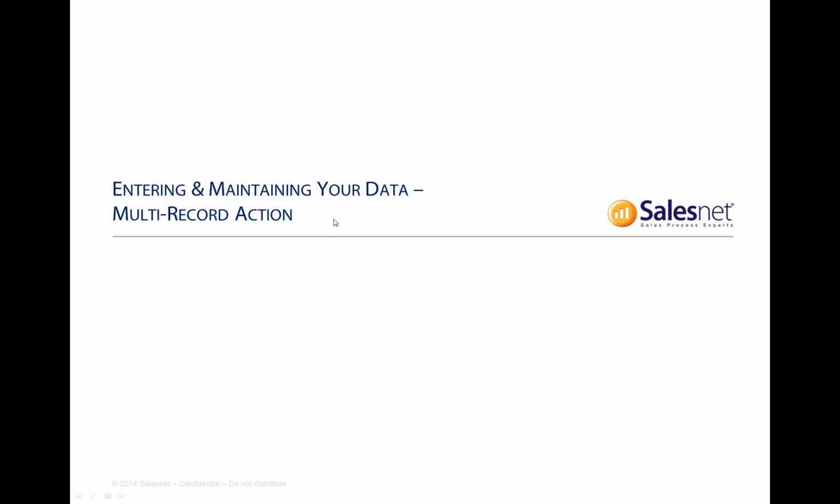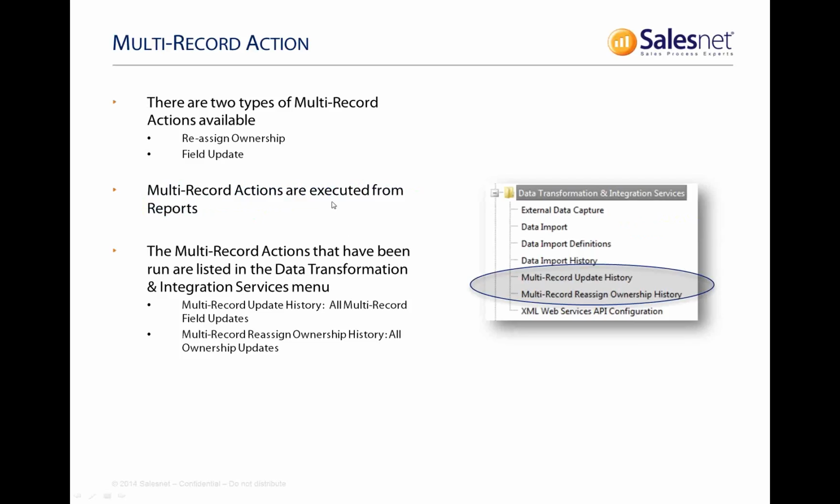So multi-record action. There are two types of multi-record action: updating ownership for mass records and updating fields for records in mass. This privilege is also its own set of privileges in the user profile.